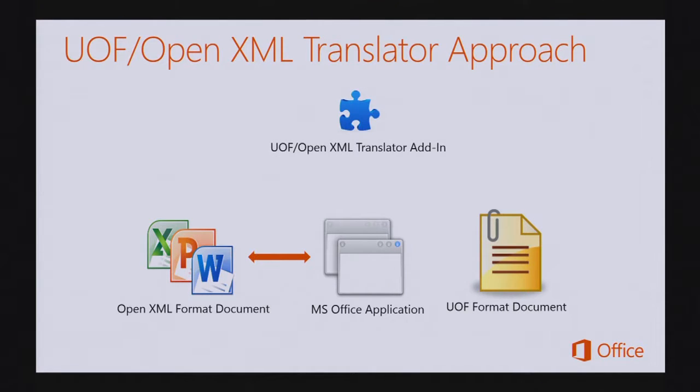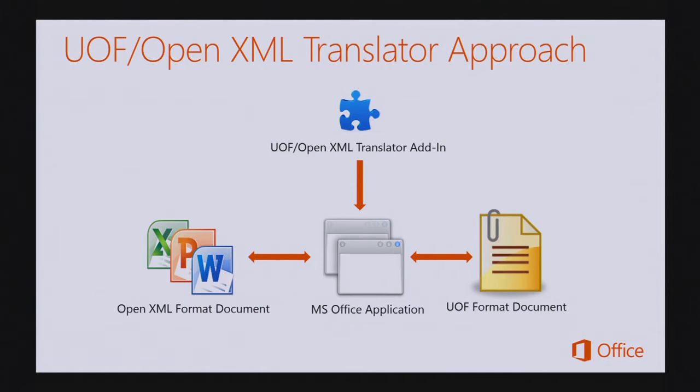So we design a UOF OpenXML translator and add it in the Microsoft Office application to let it translate OpenXML file format to UOF file format. And in the same way, translate the UOF file format into OpenXML file format.